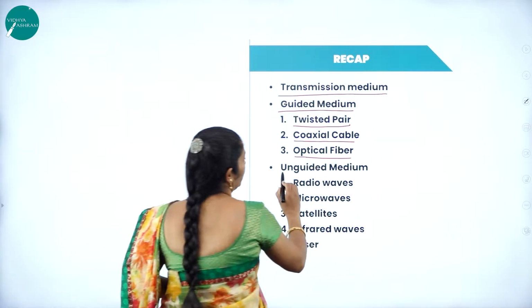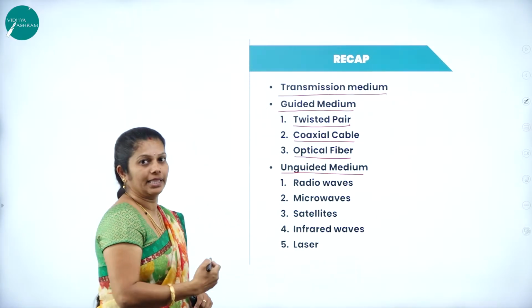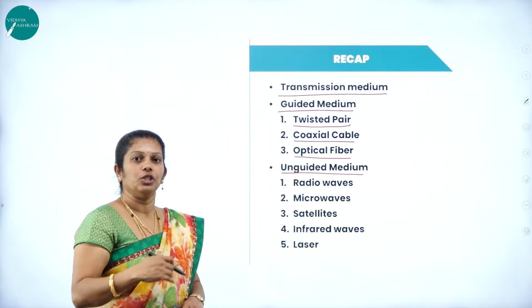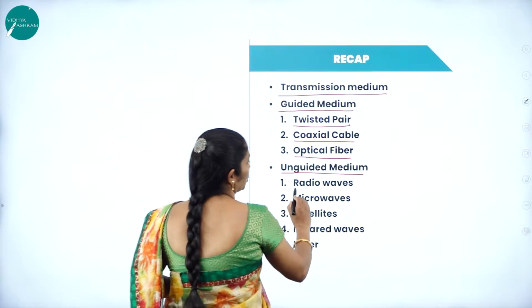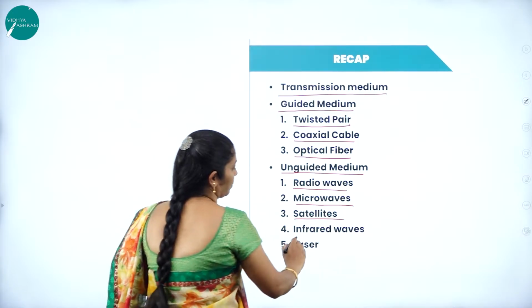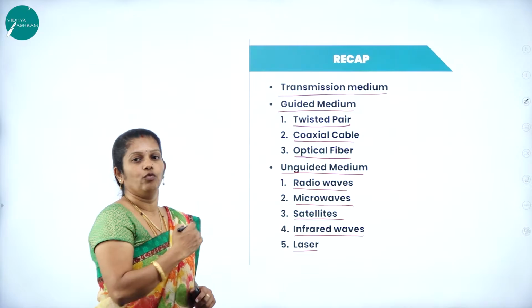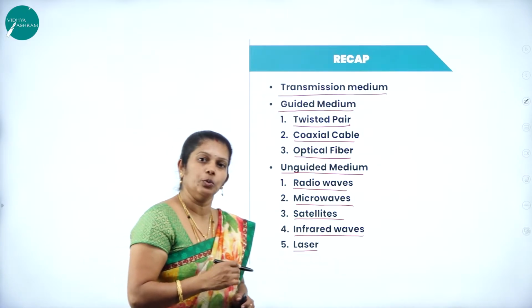And one more, the unguided medium, that means without cable, how we can transfer the data from one node to another node: through radio waves, microwaves, satellite waves, infrared waves, as well as with the help of laser.